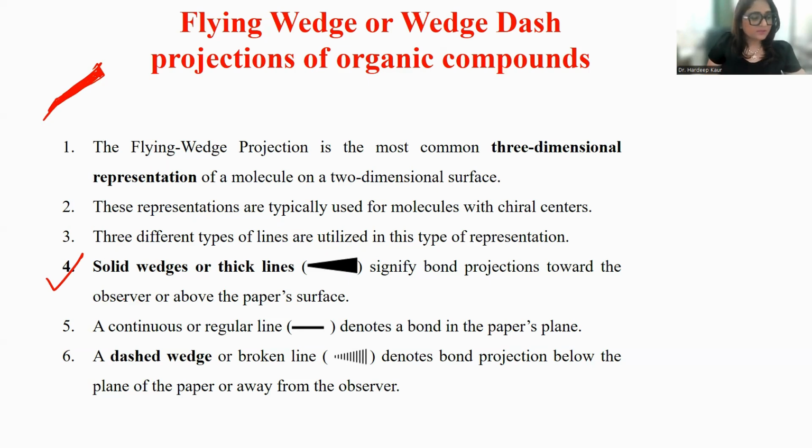But if you are getting regular continuous lines, simple, then they are in the paper plane, normal. But if you are getting a dash, this type of arrow, it denotes that it is below the plane of the paper or away from the observer. So I think you are all clear.